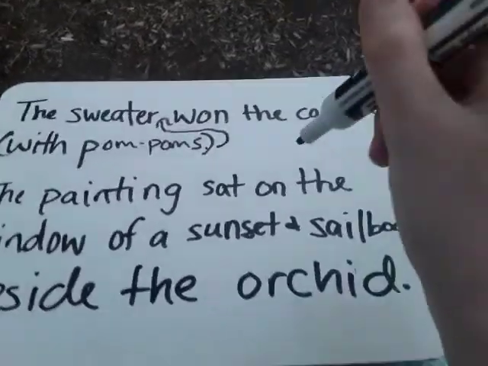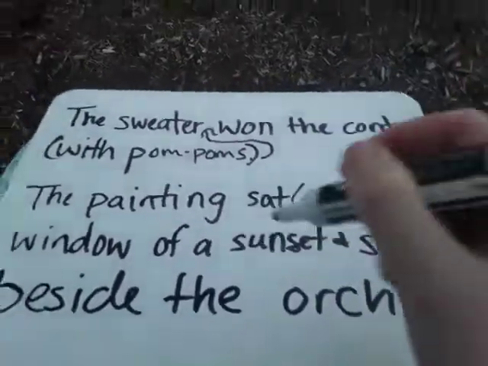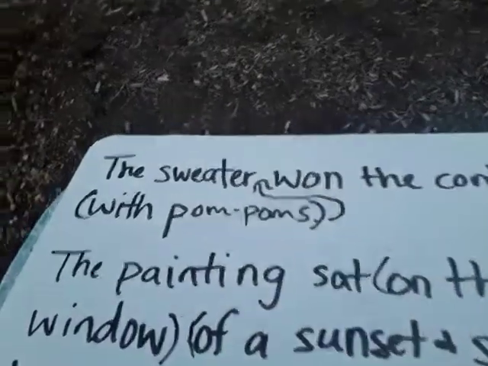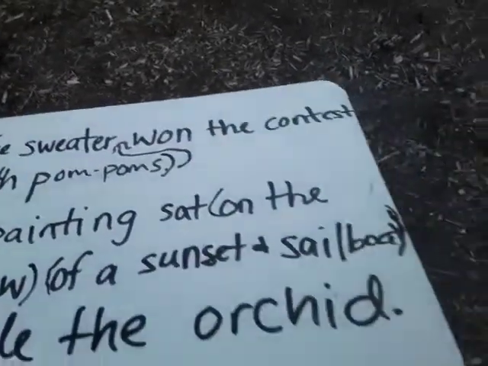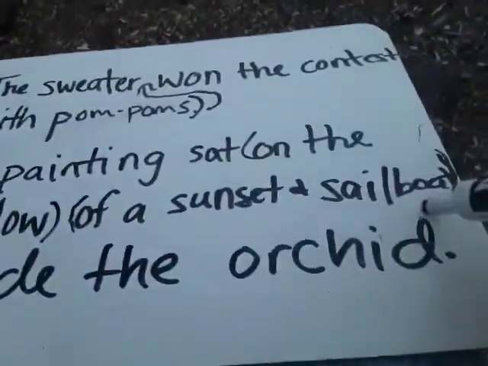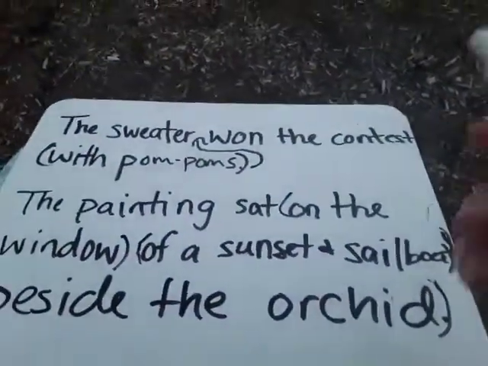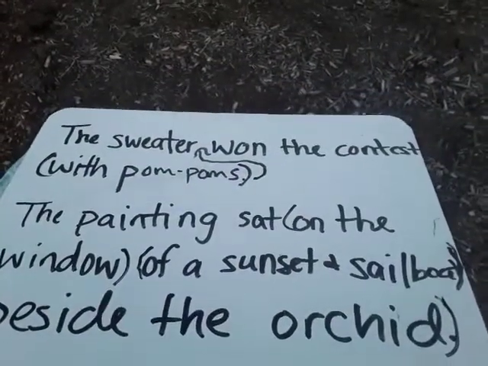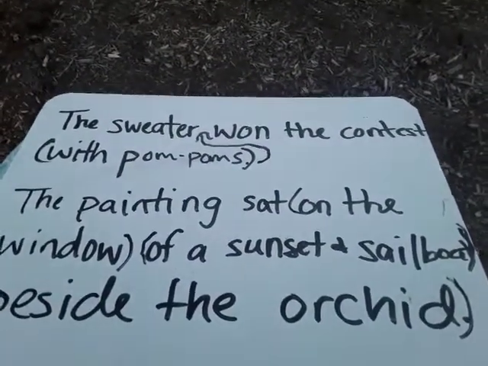All right, so we have on the window, of a sunset and sailboat, and beside the orchid. Okay, so we have 3 prepositional phrases, and we need to find whether they are describing the correct word.